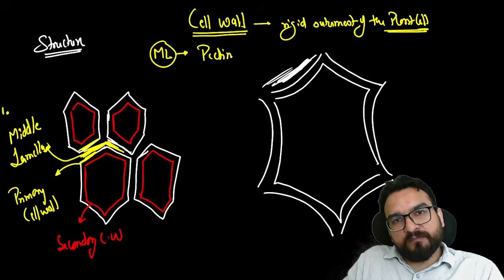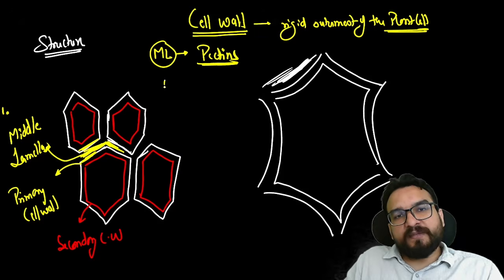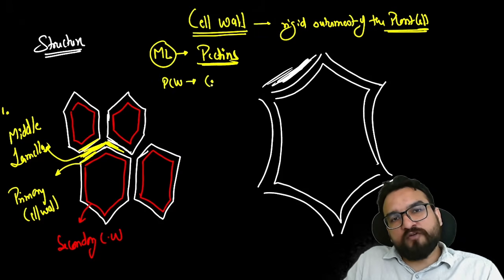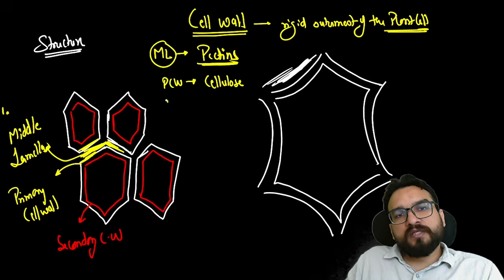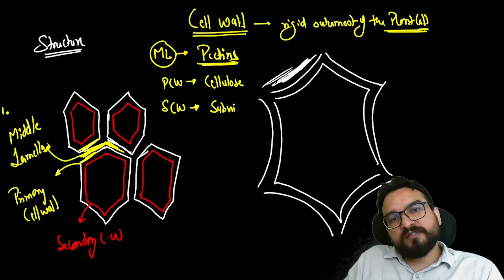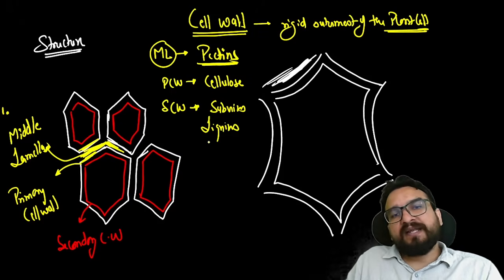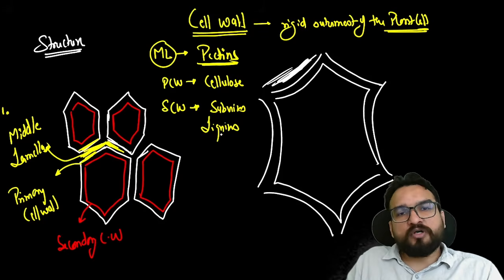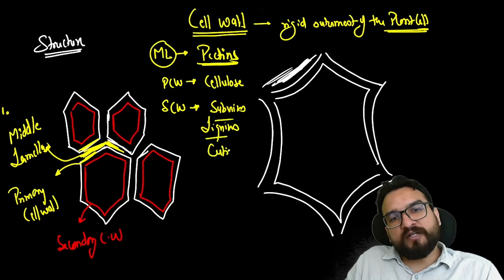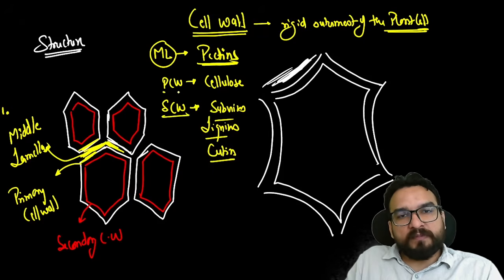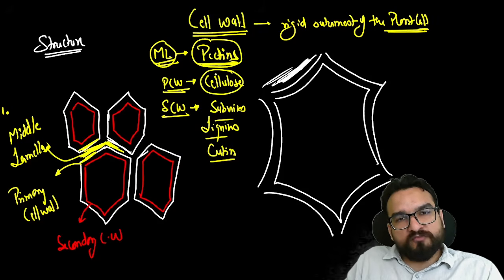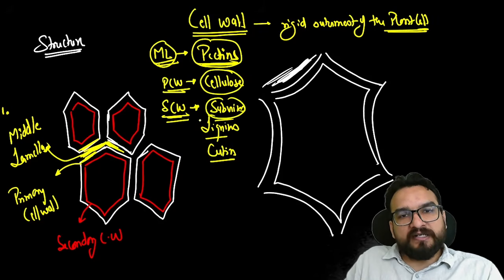The primary cell wall consists mainly of cellulose, and the secondary cell wall primarily consists of suberin, lignin and pectin also. It is not that pectin will not be found elsewhere, it will be. Lignin, suberin, cutin also you will be finding here. This you have to remember. So middle lamella is made up of pectin, primary cell wall of cellulose, secondary cell wall of suberin, lignin, cutin.